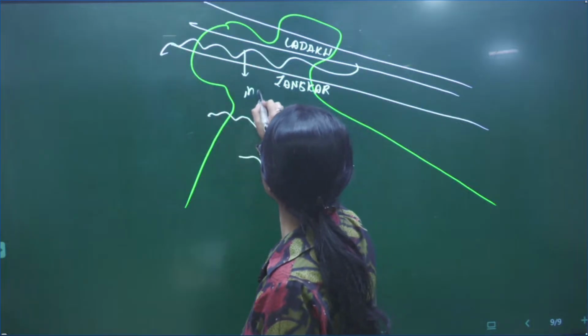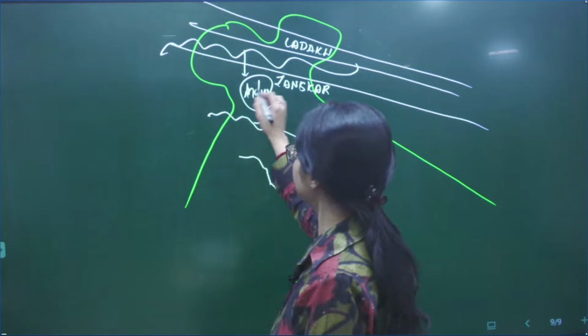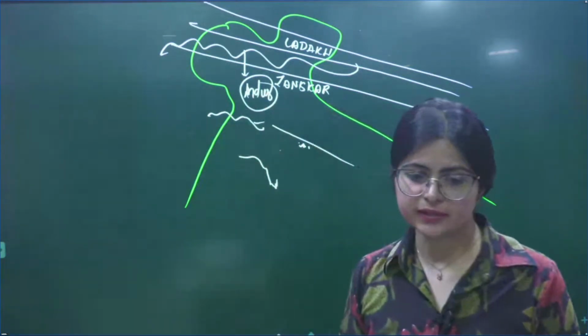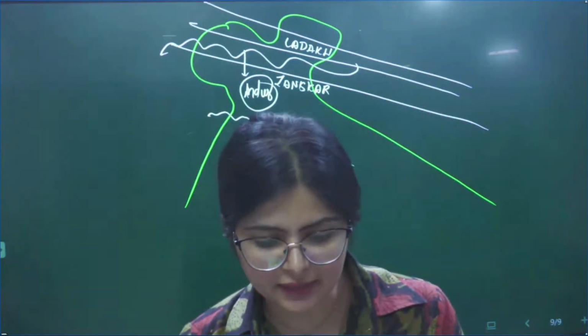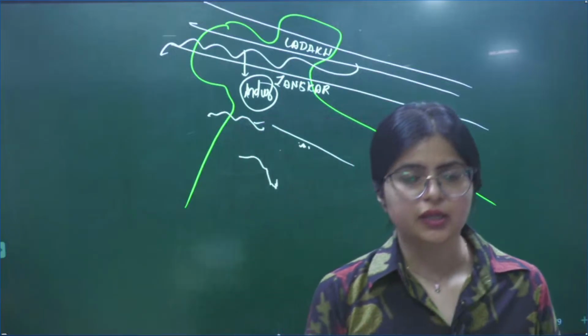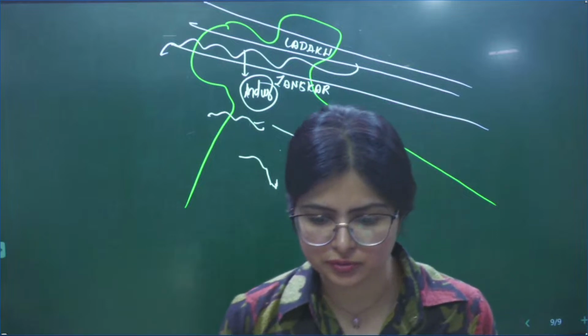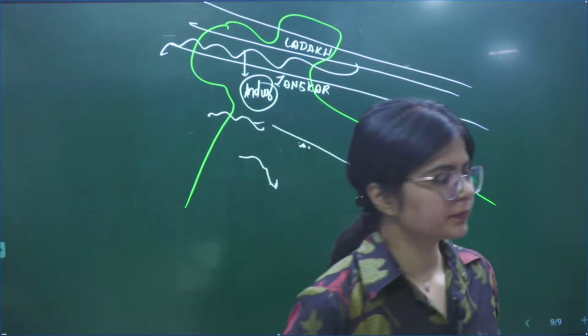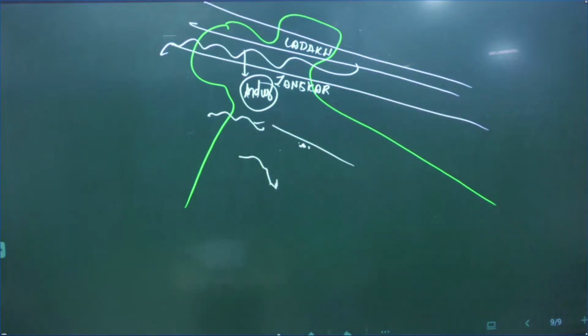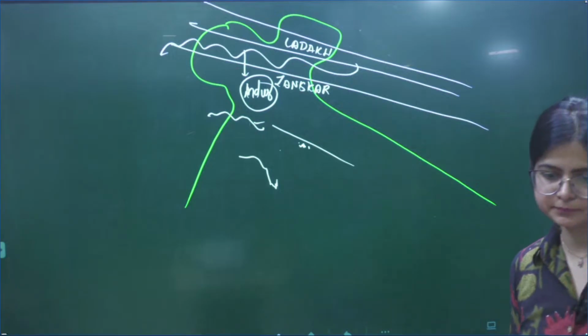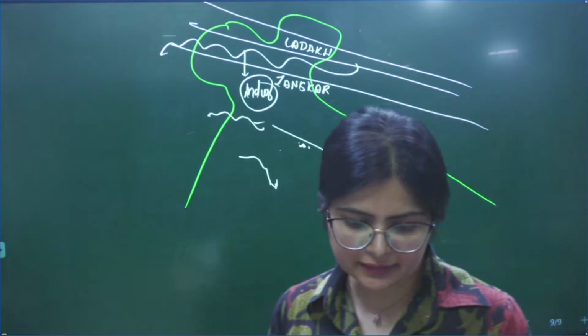Which river am I talking about? It is Indus. Write down: Indus river flows between Zanskar and Ladakh range and forms the deepest gorge in India by cutting the Ladakh range.